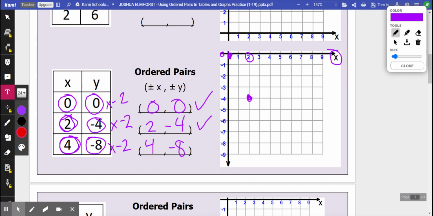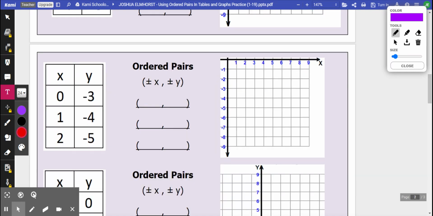So when x is 2, y is -4. And then when x is 4, y is -8, all the way down here. And now notice we still do get a straight line from these ordered pairs in the graph.